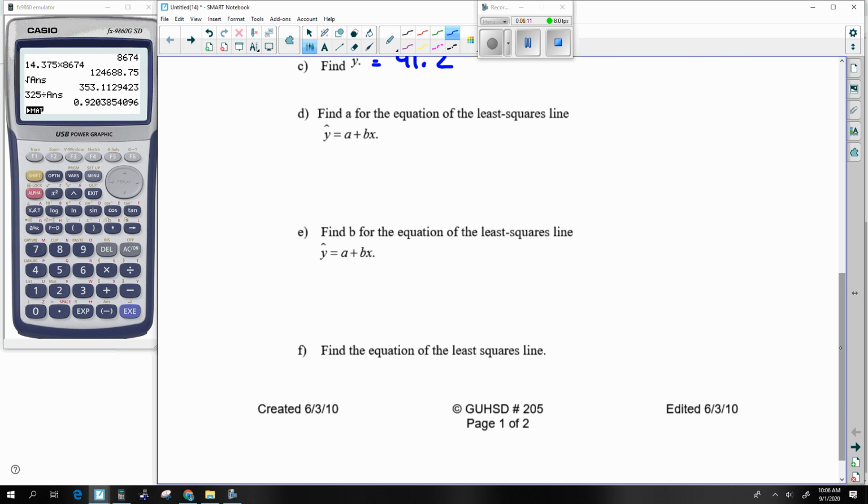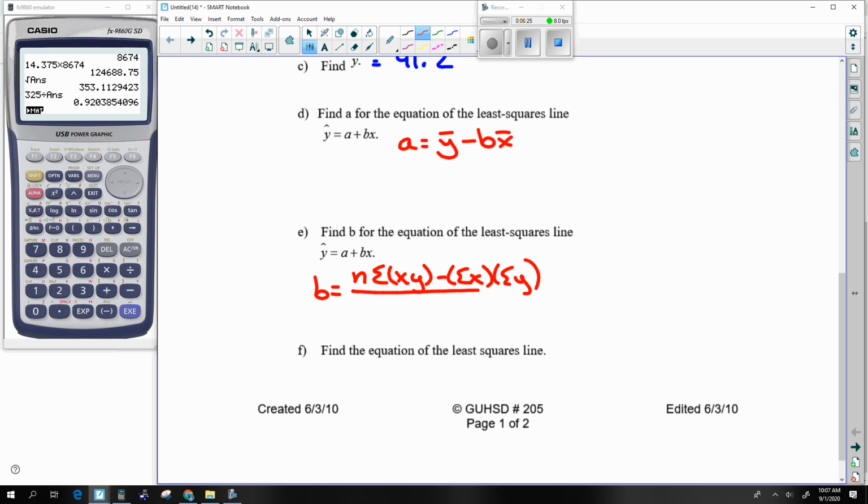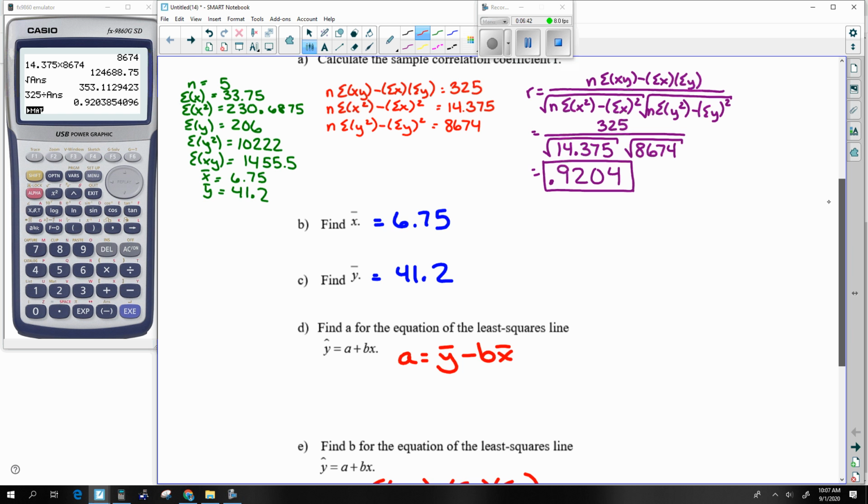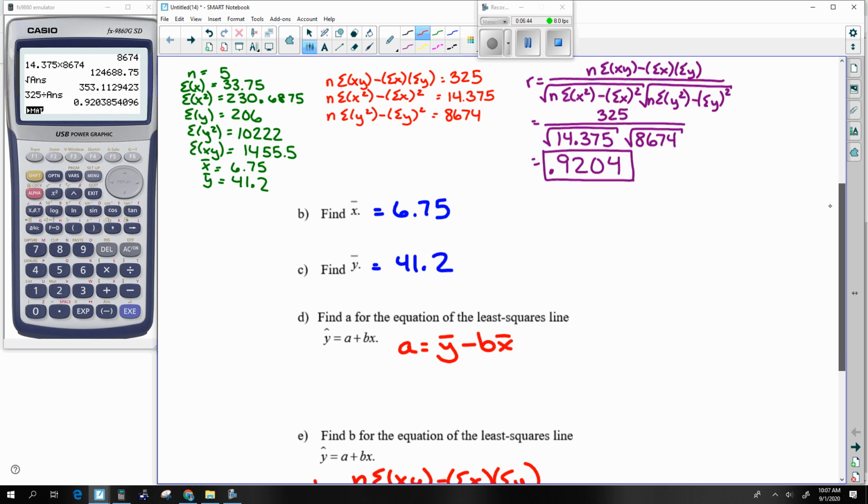Then we have A and B. I'm obviously going to start with the B, and those are the top and middle mini formula.